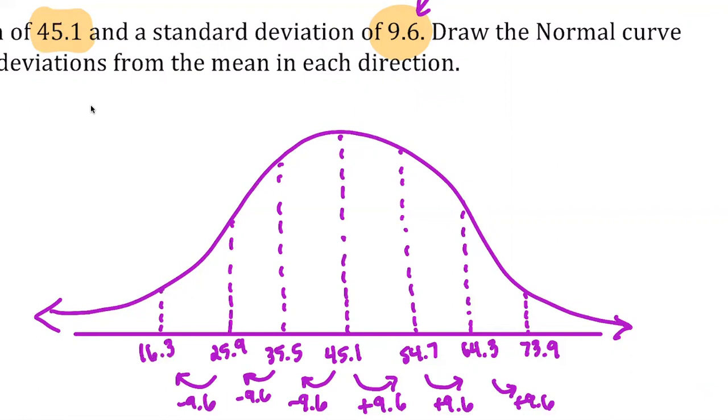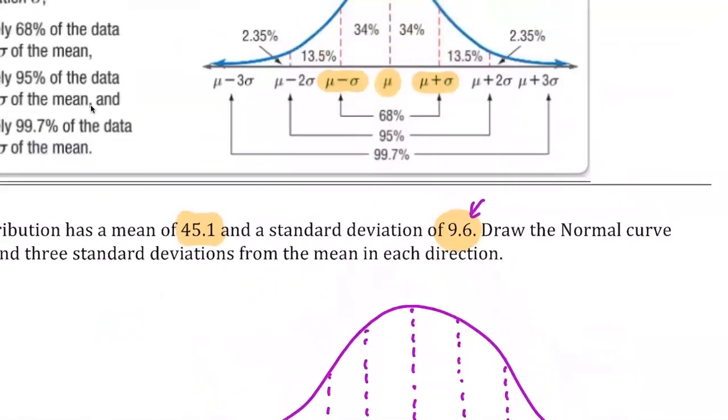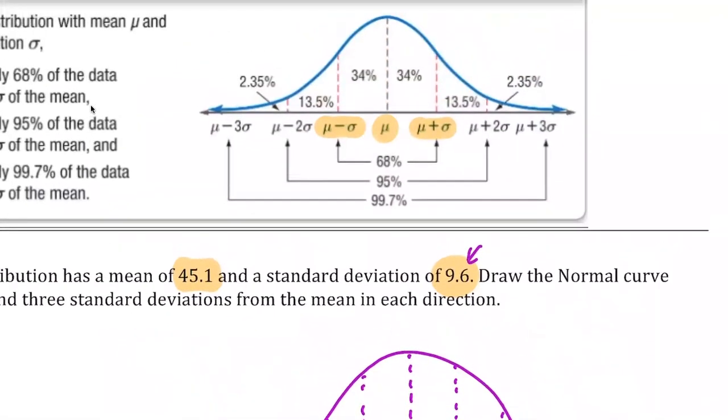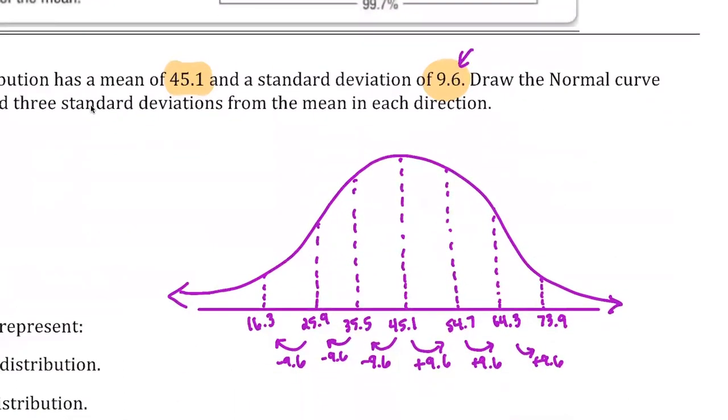Now, because you did your standard deviations evenly on both sides, all of the percentages still hold true. Of the area under this curve, about 34% is in here, 34% of your data is in here, 13.5% of your data is in there, and 13.5% is in here.